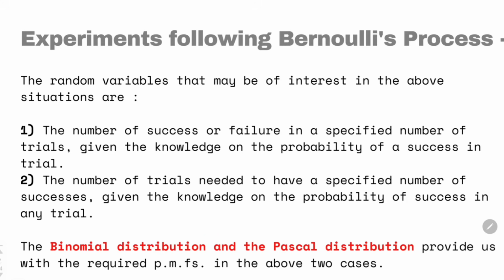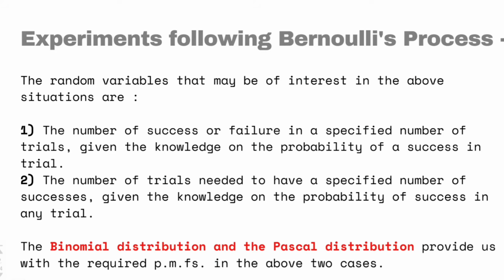Now, if the experiment is a Bernoulli's process, then the random variable of that experiment, which we will be interested in, is either the number of successes or failures in a specified number of trials given the probability of a success in a trial. That is, if there are 12 tosses of a coin, what is the number of heads that I can expect, or what is the probability of heads I can expect, something like that.